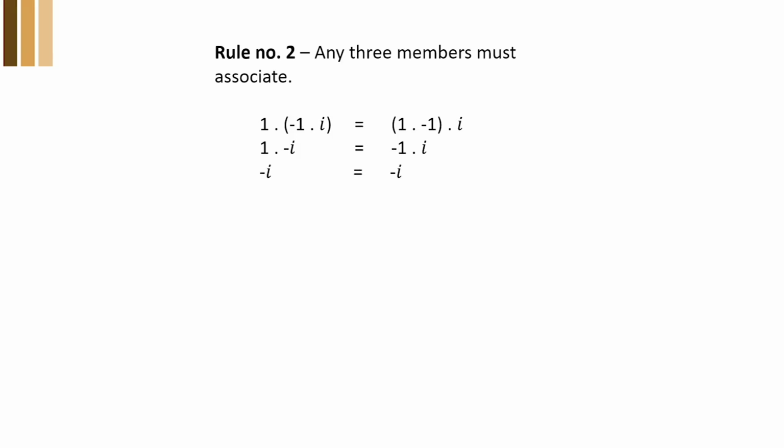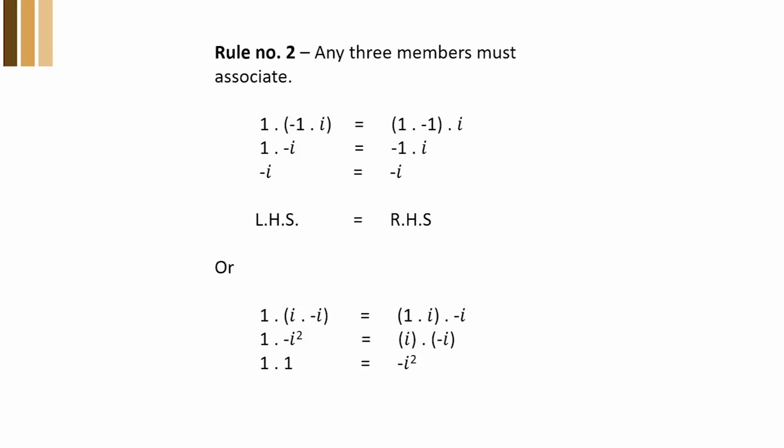On both sides there is -i, and therefore the associative law is correct in this case. Similarly, you can check another set of elements yourself, and you will find that both the left hand side and right hand side products are the same, and therefore the associative law is again true.